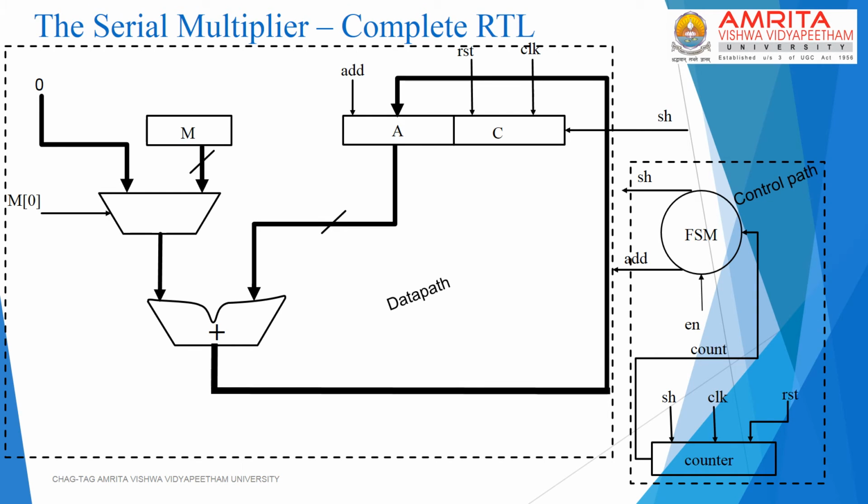Eventually, all these behavioral models are integrated using a structural model, and that will give you a top level design file, which of course will be simulated and its functionality verified, and the top level design file will be eventually synthesized to a target architecture such as an FPGA or an ASIC library.